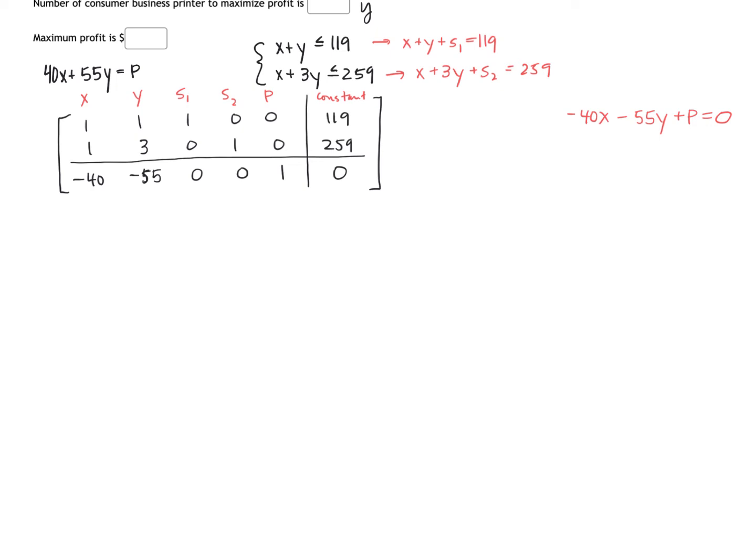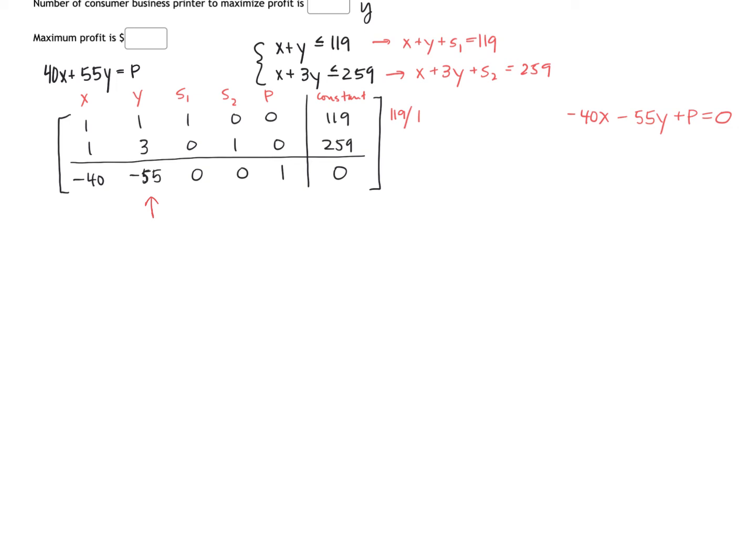So the first step is finding the smallest number, or the most negative number, in the bottom row. So that would be the negative 55. And then we would need to find our pivot. And we do that by dividing the constant by the number in that column.